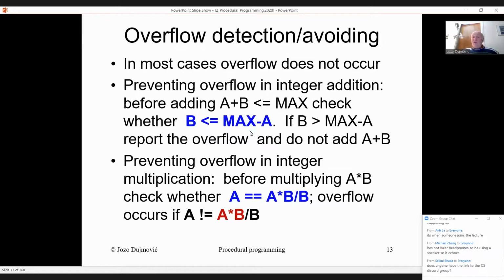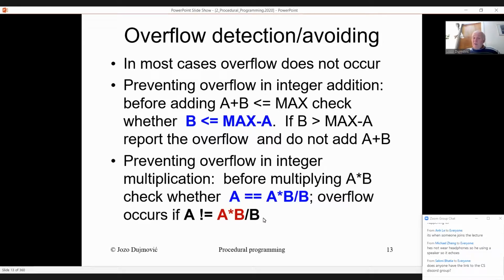So, like I said, do not do this each and every time. Absolutely not. But if you want to detect, you know how to do it. If I want to know whether the multiplication is going to create an error, I multiply and divide before that. And if these two things are the same, then it works correctly.